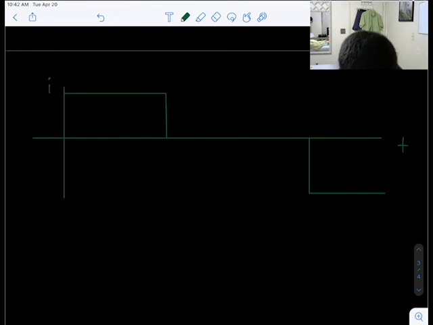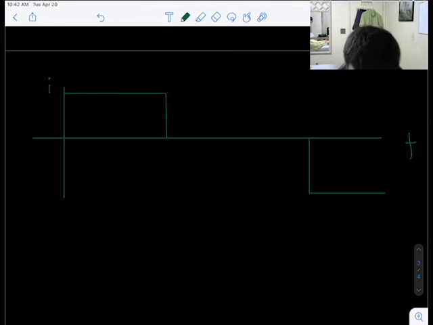Here, positive and negative represent the direction of the current. This is not positive, this is T. Sorry, I can't do my T's.